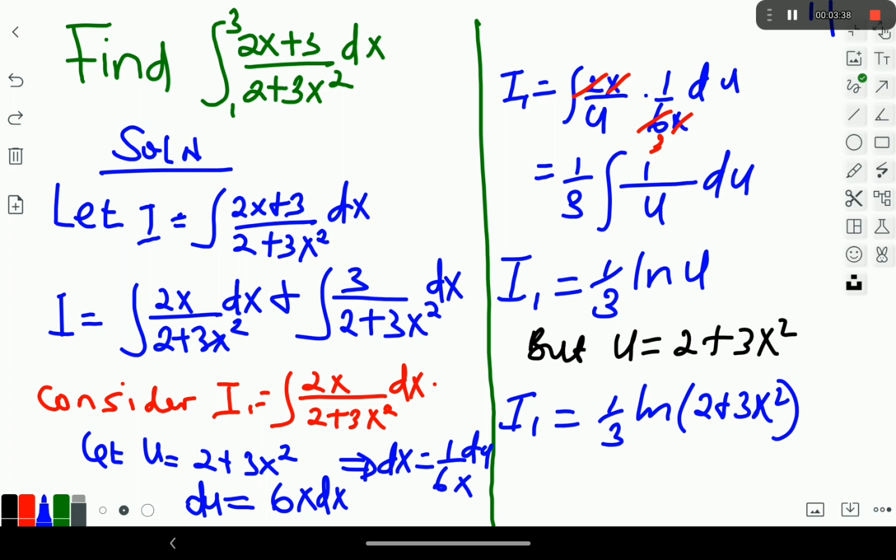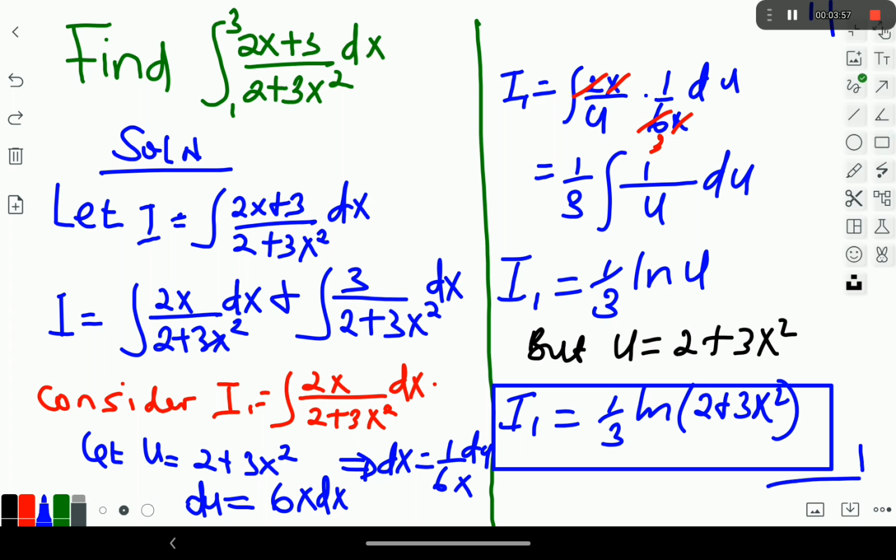Now the next step is to consider 3 over (2 plus 3x squared) dx. At least we have got I1, so the next step is to get I2. We have I1, let us save it.